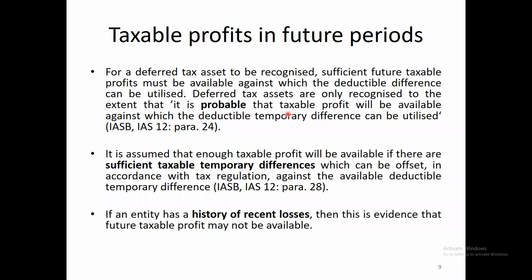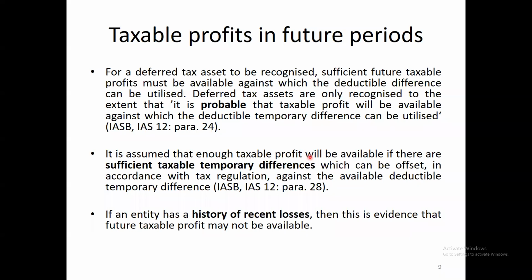Deferred tax assets are only recognized to the extent that it's probable that taxable profit will be available against which the deductible temporary differences can be utilized. You know, deductible temporary differences will cause deferred tax assets. It is assumed that enough taxable profit will be available, right?